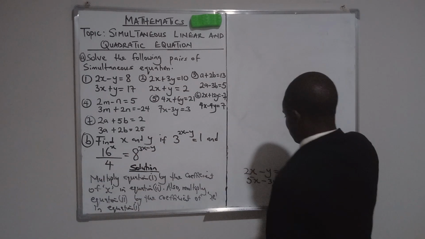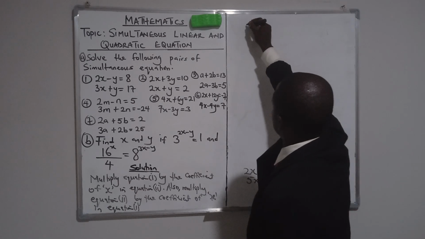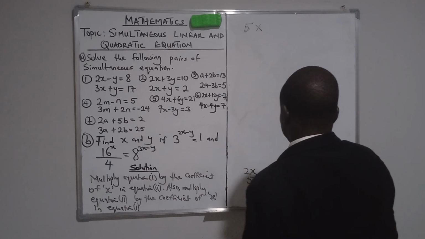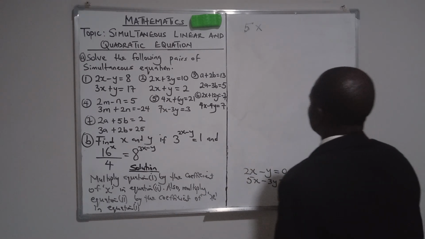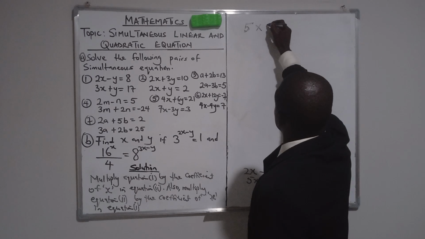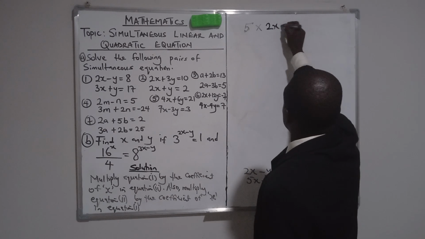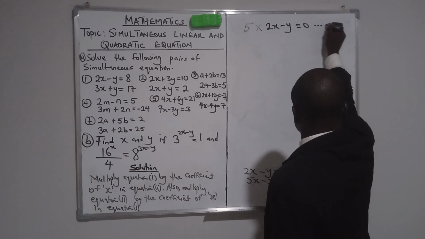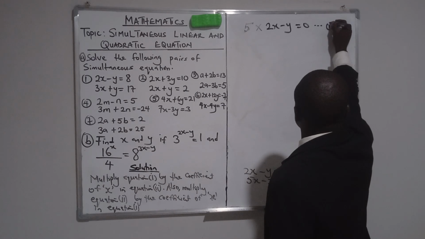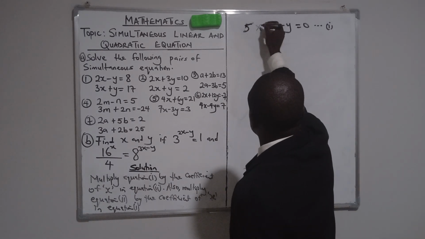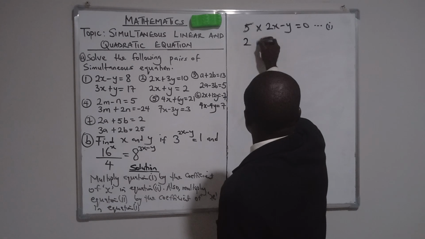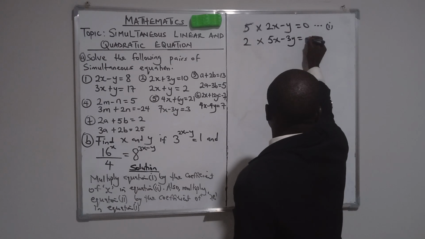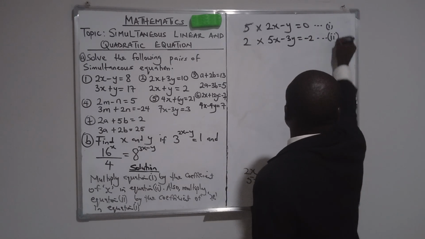Since you have said so, now come here and say 5 times 2x minus y equals 0, that's equation 1. And also 2 times 5x minus 3y equals minus 2, equation 2.